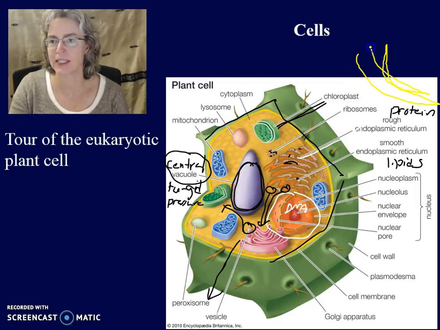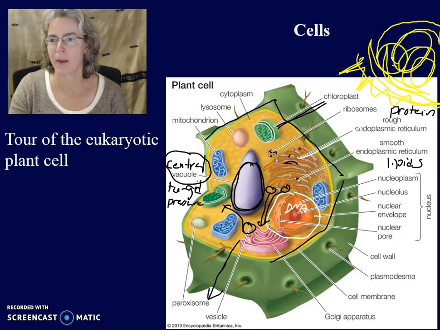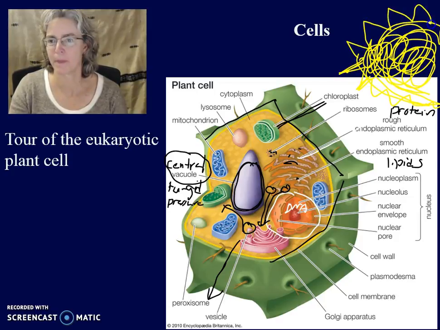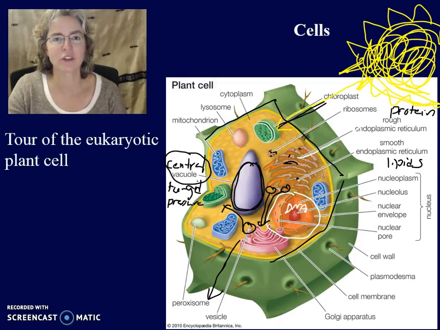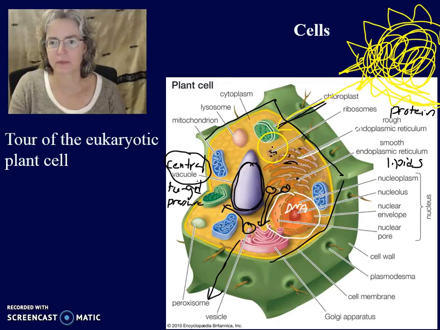Let's say that this is a sun right here. Oh boy, that's a pretty interesting sun. Okay. Here's our sun. So the chloroplast captures this energy from the sun and turns it into sugar.